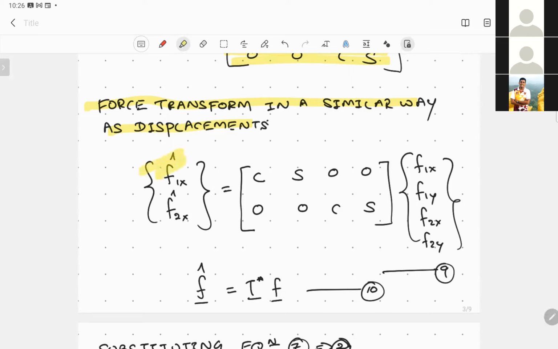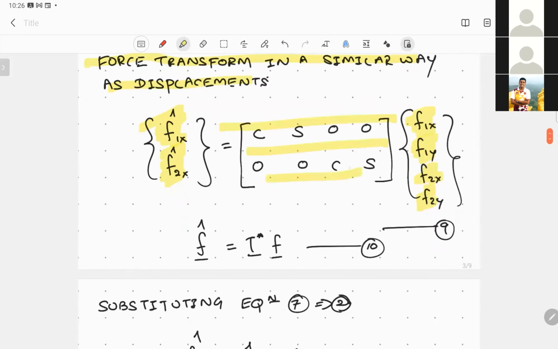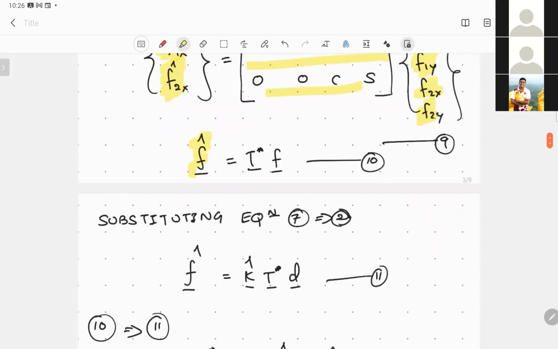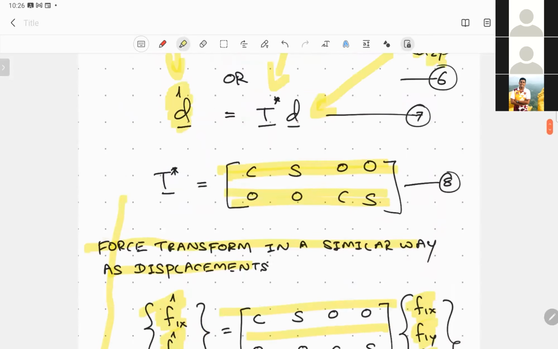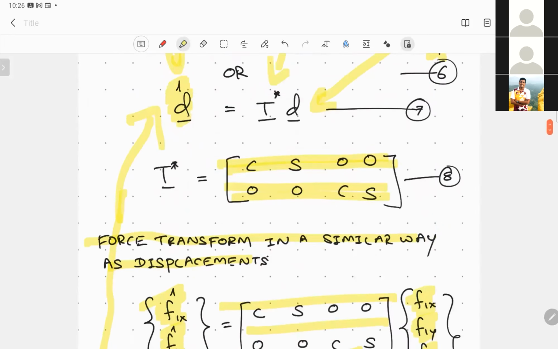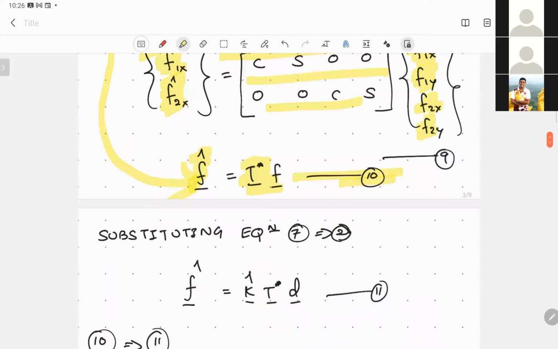We can express the forces applied in the x directions at node number 1 and node number 2 using the forces applied at nodes 1 and 2 in the global coordinate systems via the transformation matrix. The force transformation is very similar to the displacement transformation. You simply move from one coordinate system to the other.